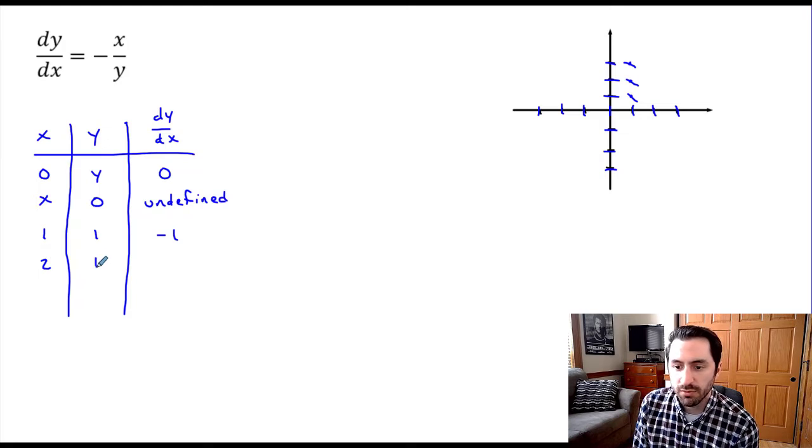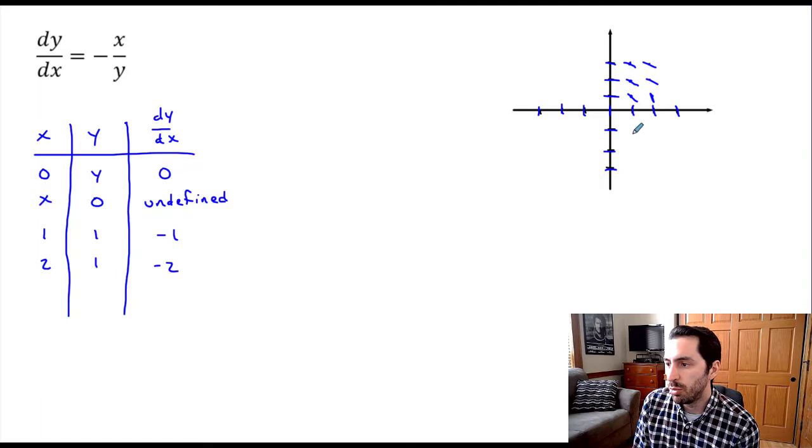So now at x equals 2, -2 divided by 1, that's going to be a slope of -2. So at this point, slope of -2, so that's a little bit steeper than -1, so just trying to represent that. -2 over 2, that's a slope of -1. -2 over 3, a slope of -2/3, and so on.